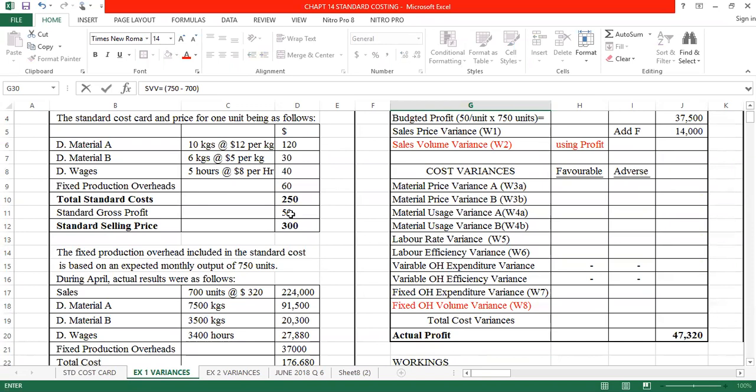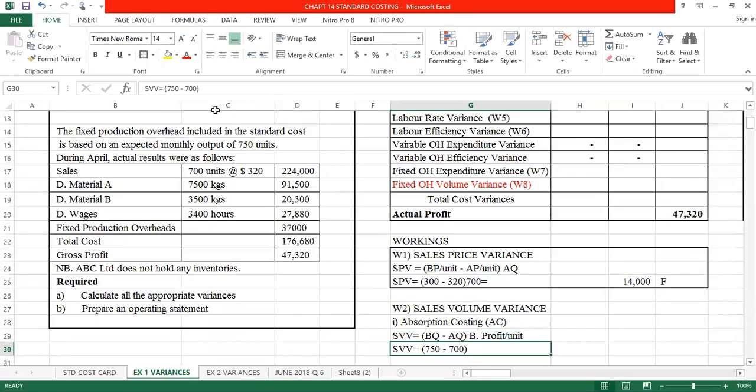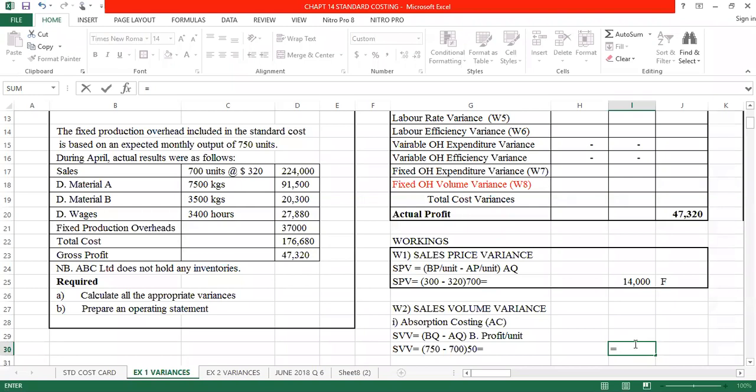Budgeted profit is 50. So somebody to give me the answer there. You always start with the higher. So the highest is 750 minus 700 times 50.